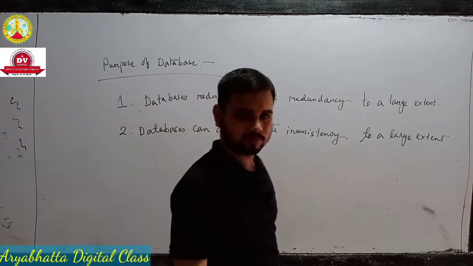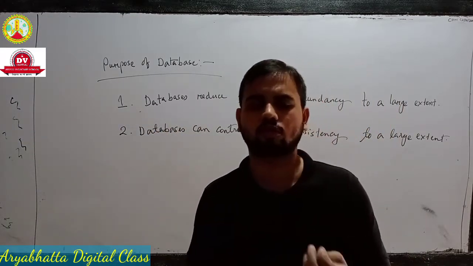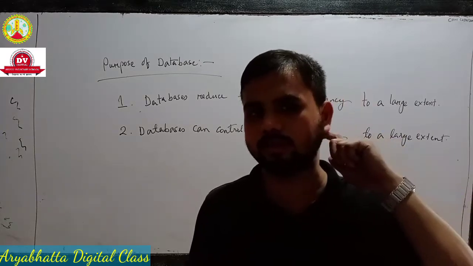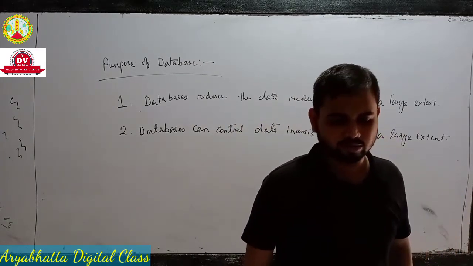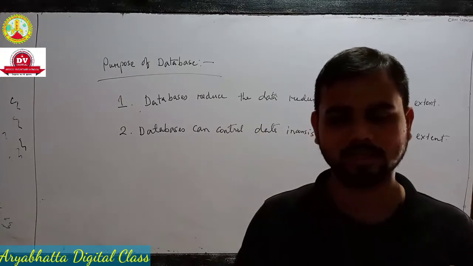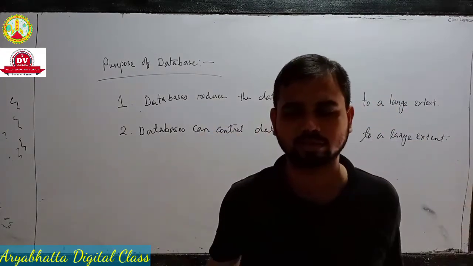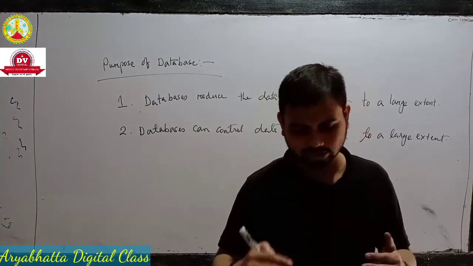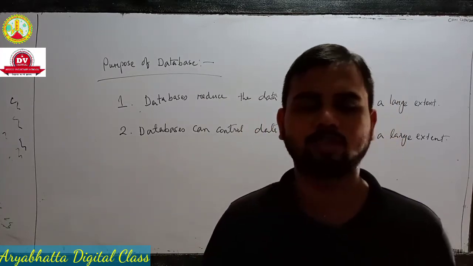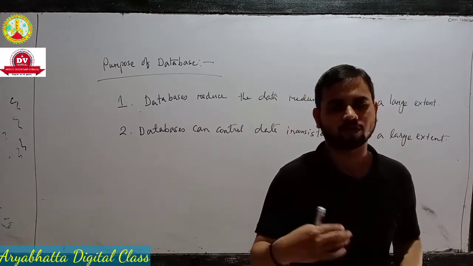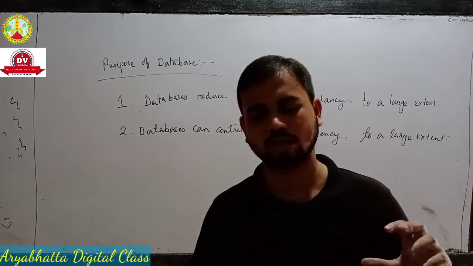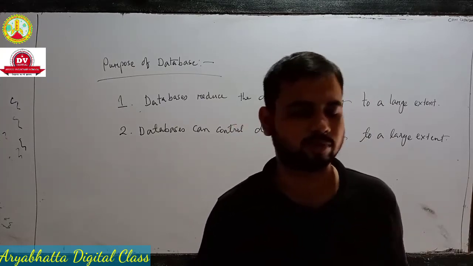This is the same concept also. Suppose redundancy is not controlled by the database. Suppose in some system the same data is stored twice. When the same data is stored twice, what happens? Suppose when you update the information, the other copy is not updated. Understood? So what is the concept?